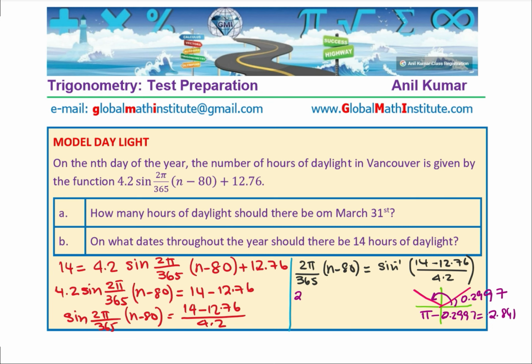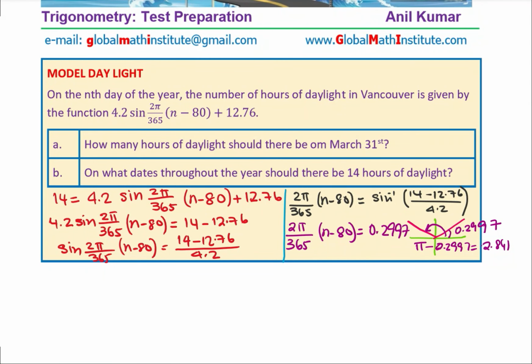One is 2 pi over 365 times (n minus 80) is equal to 0.2997. So we can solve for this. And the other one is 2.841, right?